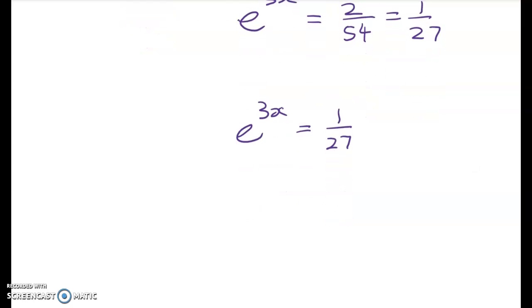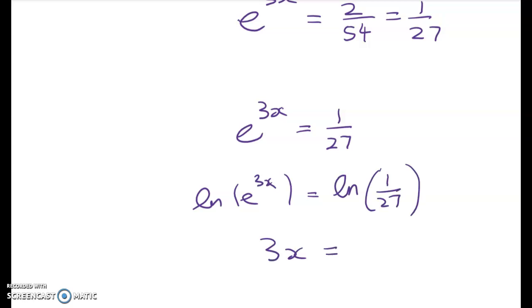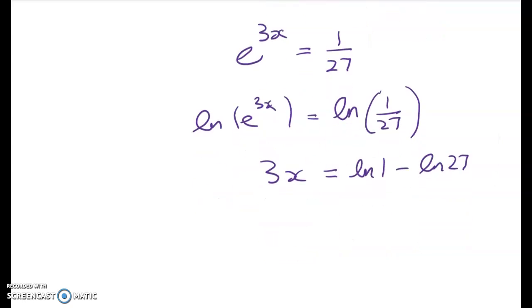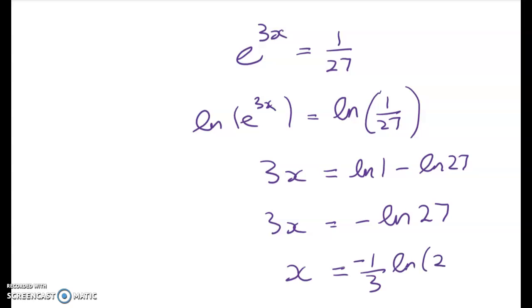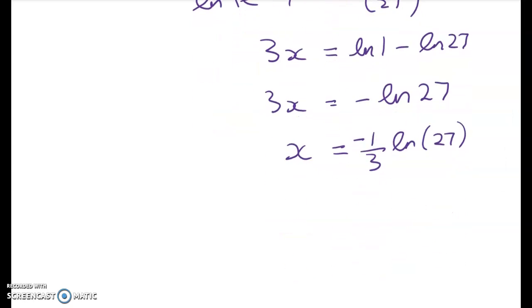If we take the natural log of both sides, giving us 3x is equal to the log of 1 minus the log of 27. So 3x is equal to negative log 27. X is equal to negative 1/3 log of 27.